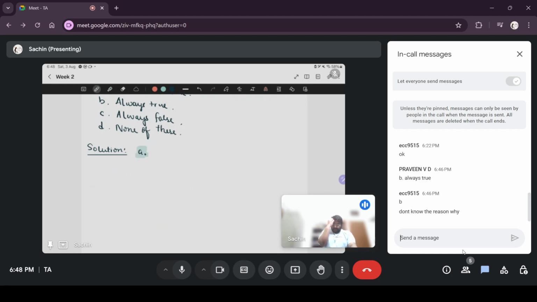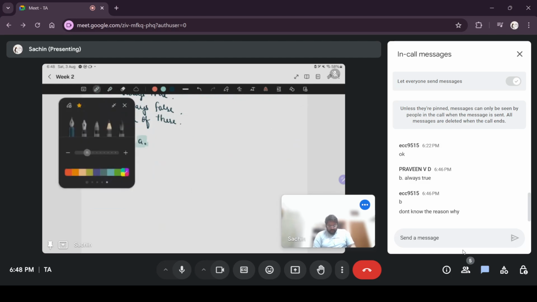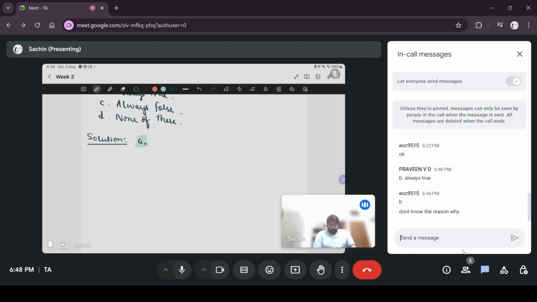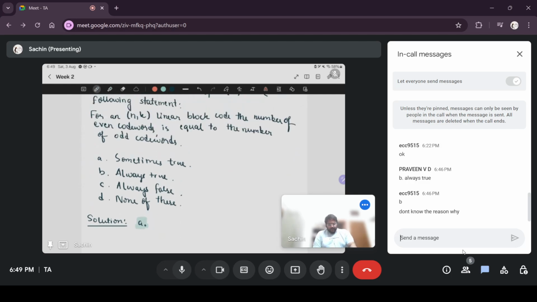There are probably different ways to prove it. I'll tell you the reason in my way. Not sure if you can understand it, but at least you should get an intuitive understanding of why that is happening. If there are only even weight code words, obviously the statement doesn't hold true.